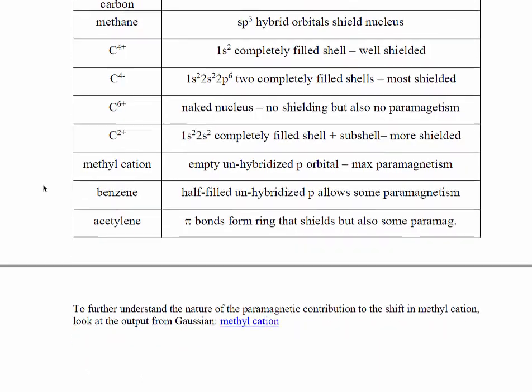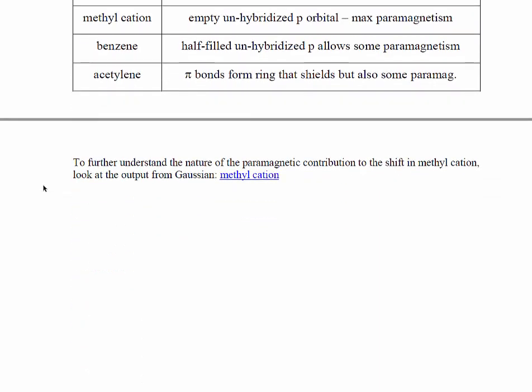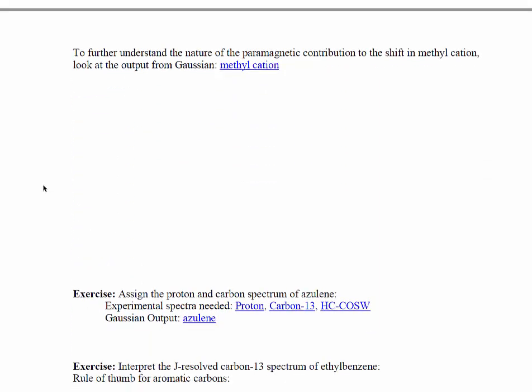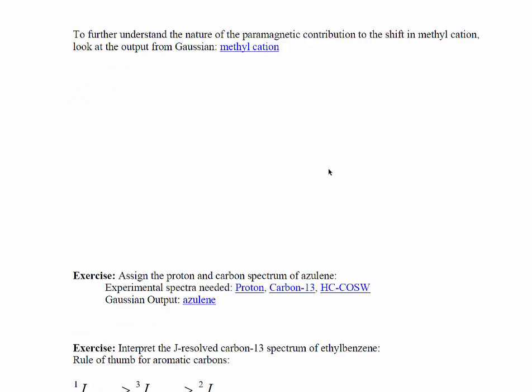So now I'd like to give a little more background to this paramagnetism rather than just sort of argument based on an orbital picture. We can actually calculate this paramagnetism or try to understand these shifts by analyzing the details of a Gaussian calculation.